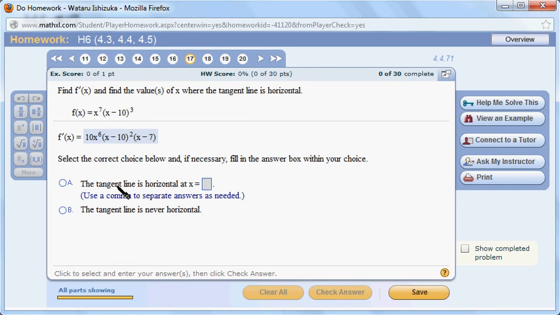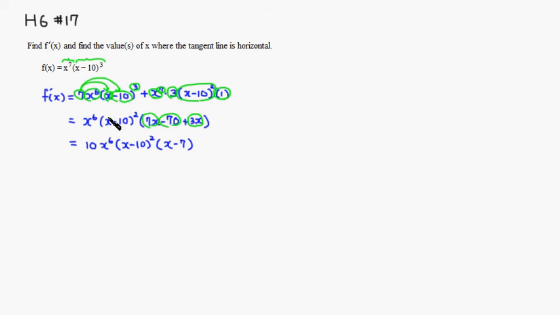So okay, tangent line is horizontal at... When you have a horizontal tangent line, this indicates that the slope is 0, which means that the derivative must be 0. So all you really have to do is set the derivative, this guy, equal to 0.